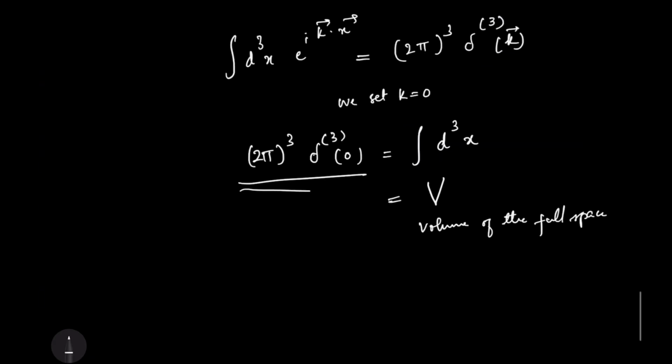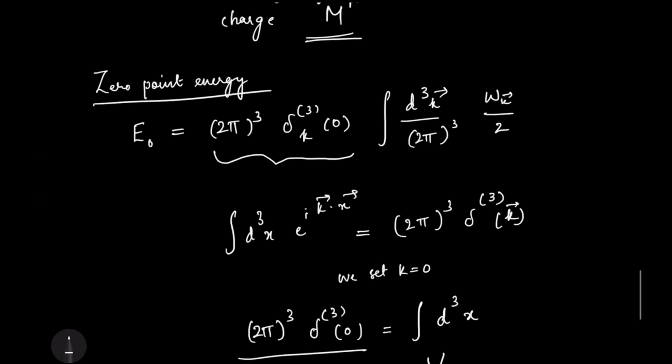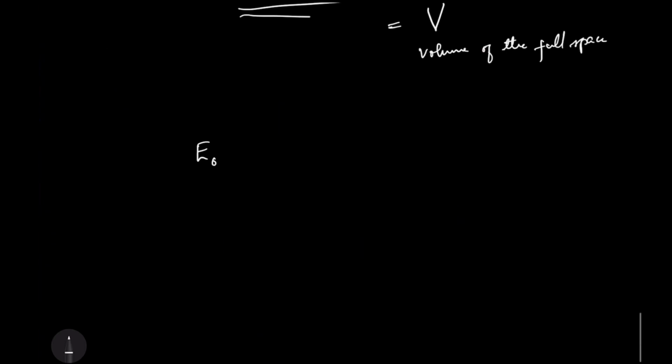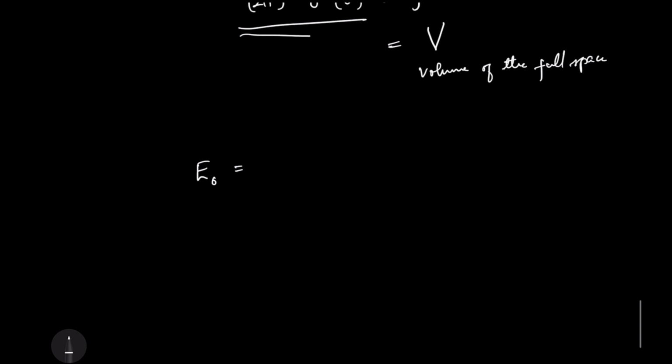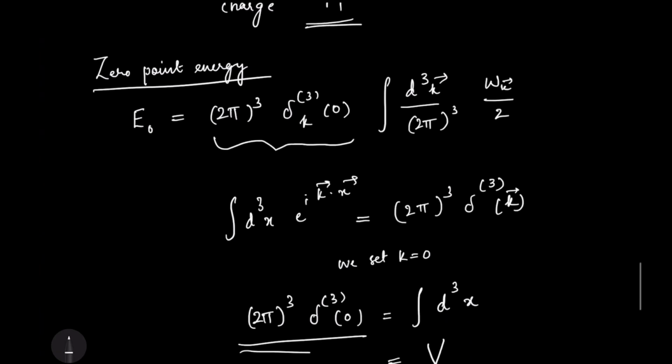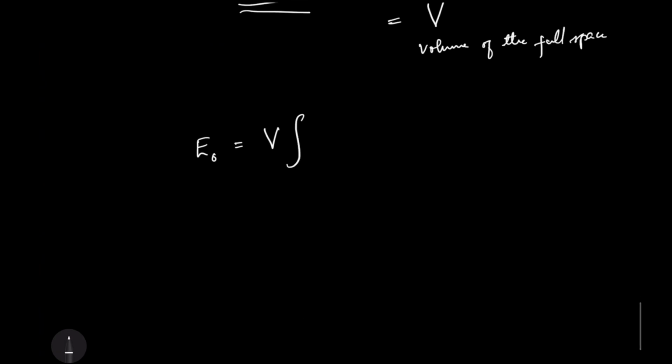So now I can substitute it back into the equation for the zero-point energy, right? So I can write E naught is equal to, instead of 2 pi cube del cube, I can write V. Then I have an integral, right? Integral d cube k by 2 pi cube omega k by 2. Okay.